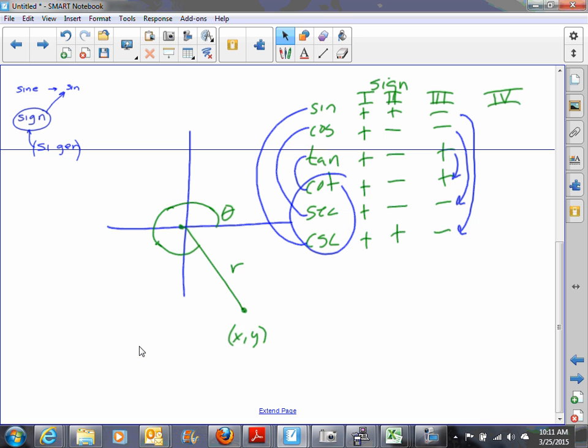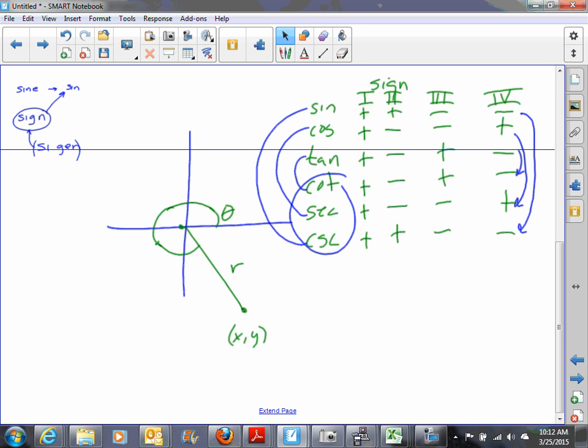So that means that the sign of the sine will be negative. The sign of the cosine will be positive. The sign of the tangent, y over x, y is negative, x is positive, is negative. And then, of course, the cotangent will be negative, the secant will be positive, and the cosecant will be negative, because once again, this reciprocal thing is working for us.